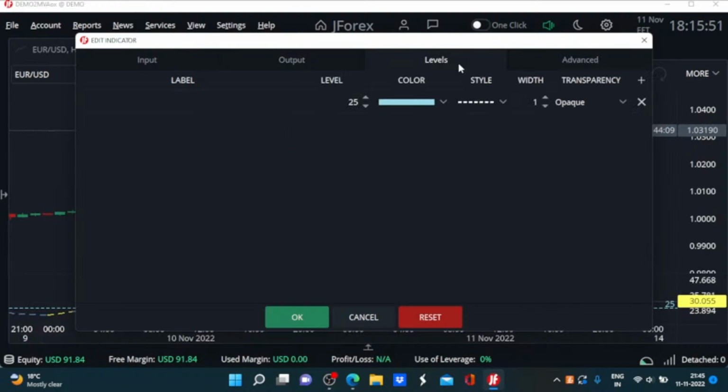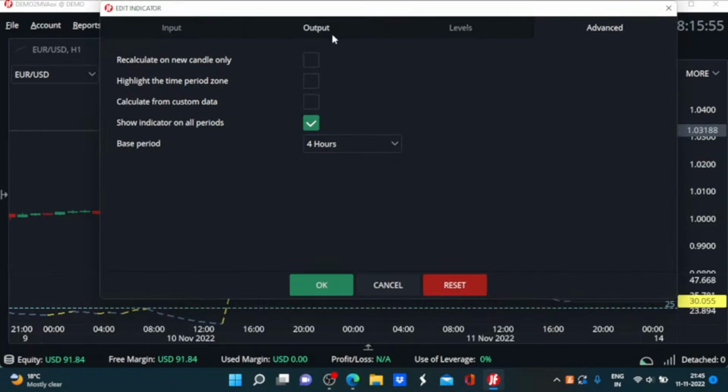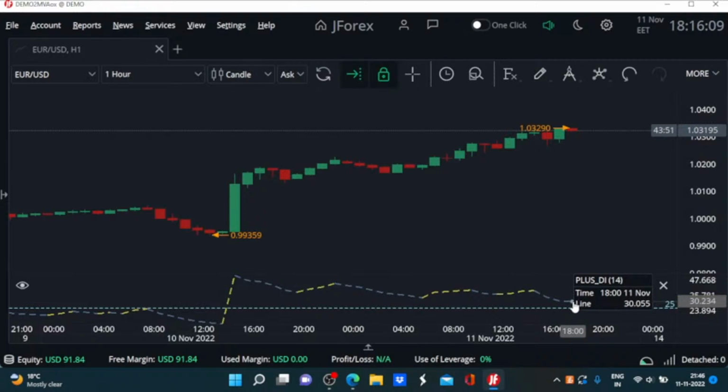Recalculate on new candle only. We can opt for this option as well. And now if we go for this option, then the current output value for the plus DI will remain constant throughout the candle period.